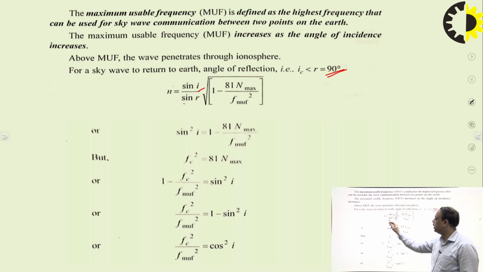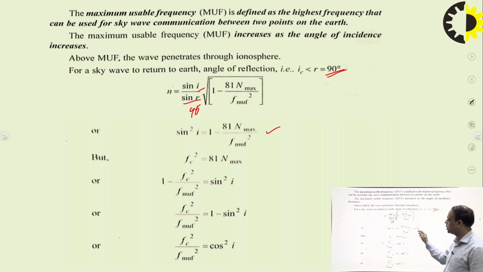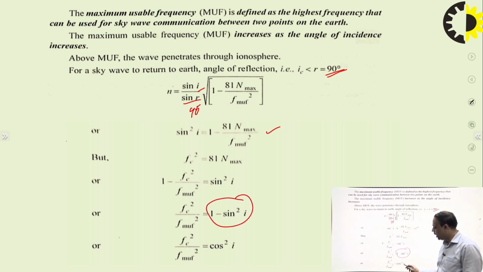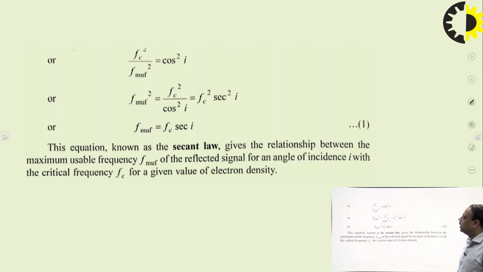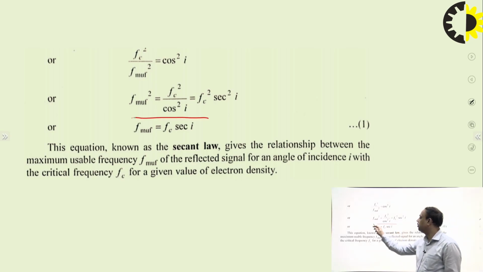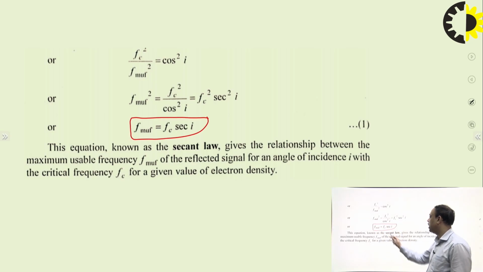Since sin 90 is equal to 1, if we take the square on both sides, on calculating we find sin square i is equal to 1 minus sin square i. This is equal to cos square of i. So cos square of i is equal to Fc square by f muf square. Take the square root on both sides, and we get f muf is Fc sec of i, where Fc is the critical frequency of the layer.